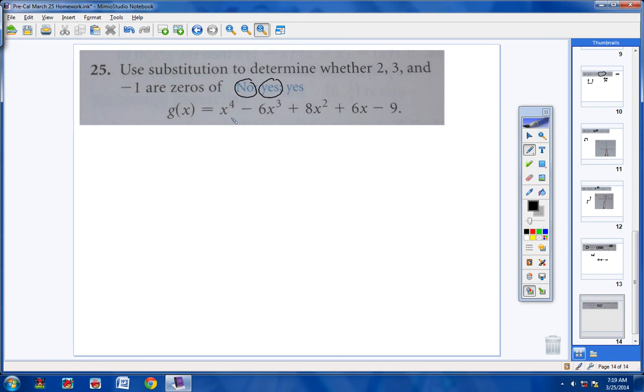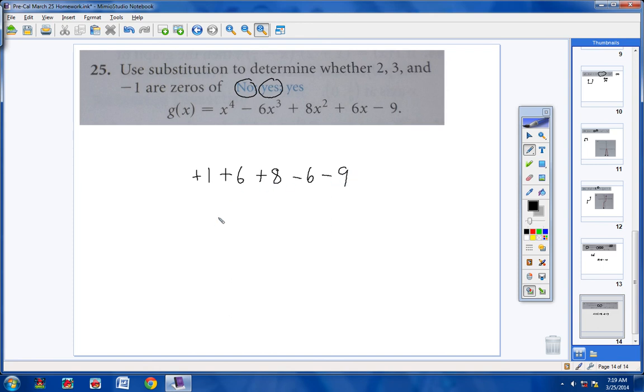And now let's put -1 in for x. Well, -1 to the 4th power would be a +1. -1 to the 3rd power would be -1 times -6 would be a +6. -1 to the 2nd power is +1 times a +8 is a +8. If you put a -1 in here, -1 times a +6 is a -6, and then bring down your -9.